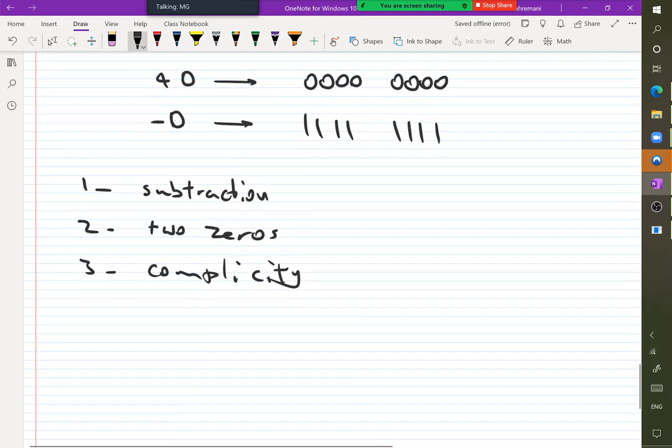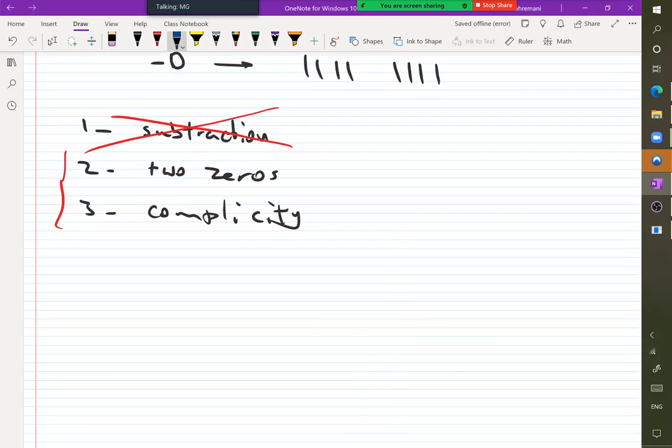Okay, so by introducing one's complement, we solve the subtraction problem, but still we have these two problems, and we want to see if we can solve them by introducing a better complement system. Another complement system, which is the best one, is two's complement.